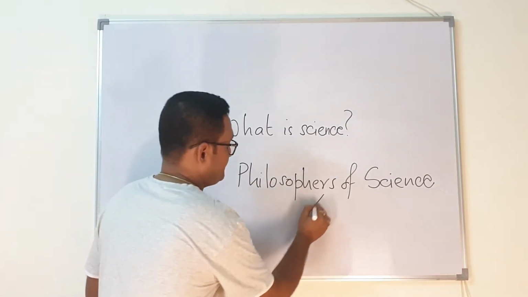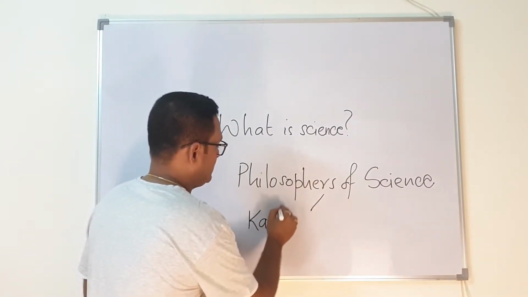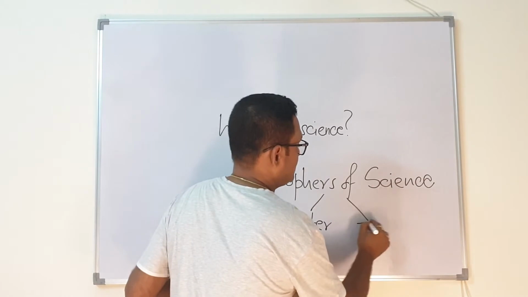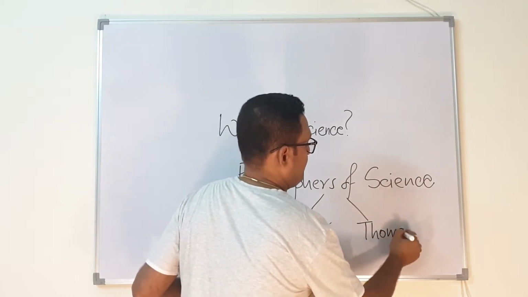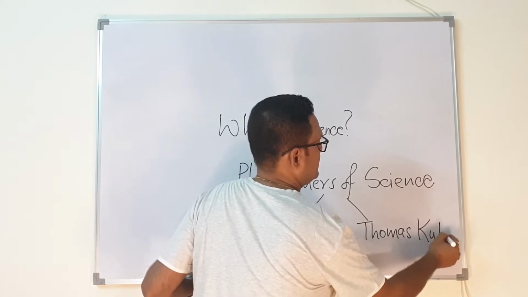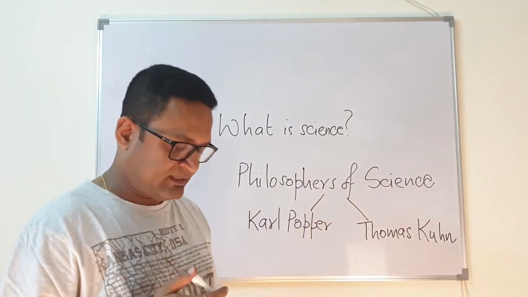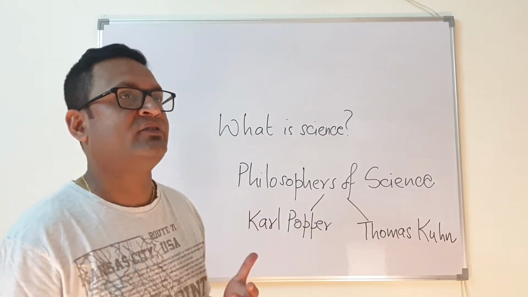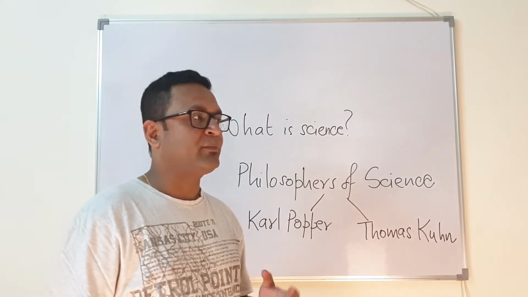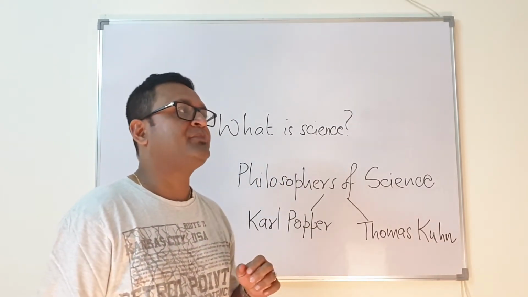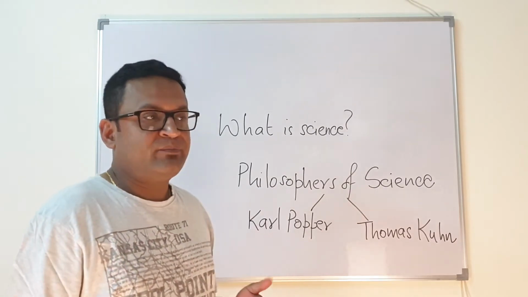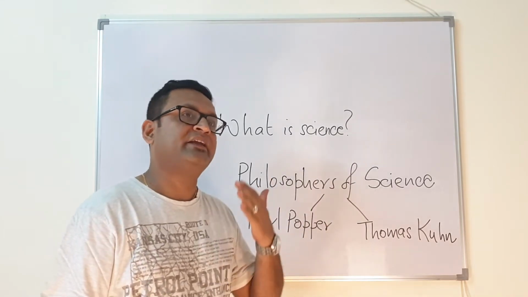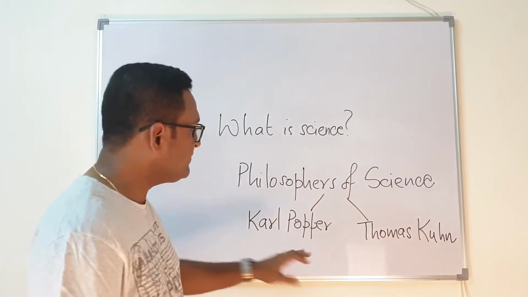The first one is Karl Popper, and the second one is Thomas Kuhn. We will study their theories and the principles on which they worked in philosophy of science. They told us about a lot of concepts, and usually people have a lot of misunderstanding about a few of them. Those concepts are clarified with detailed analysis.